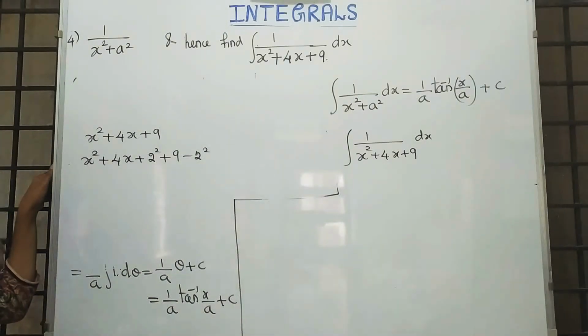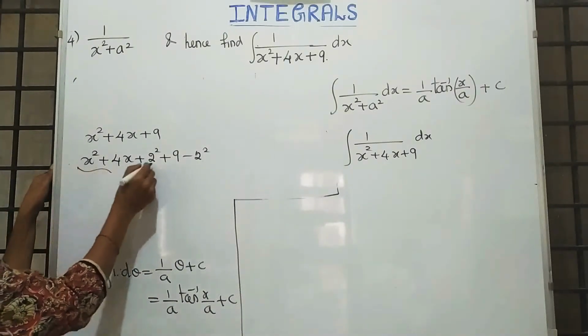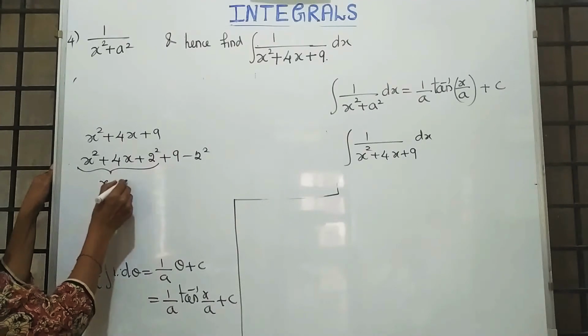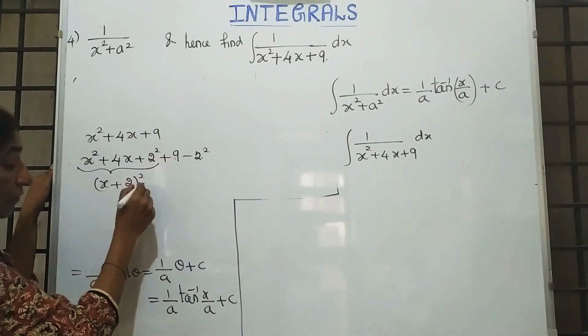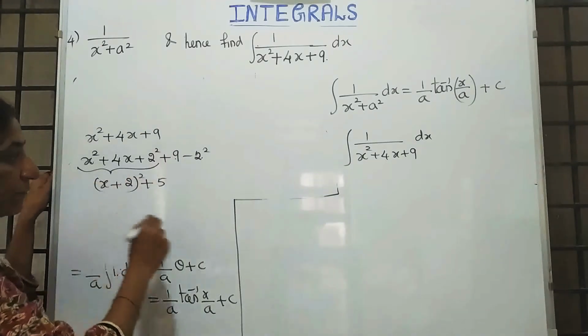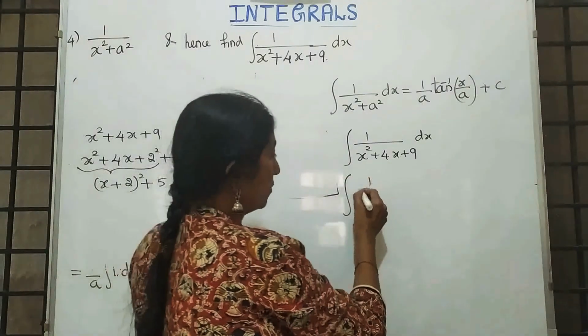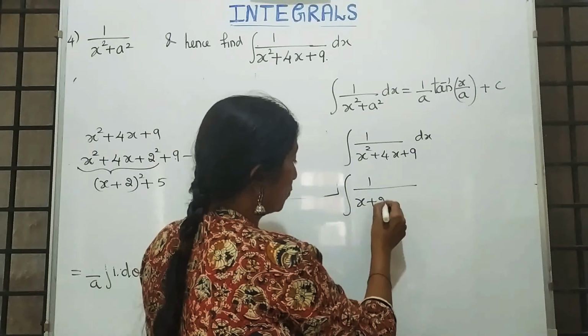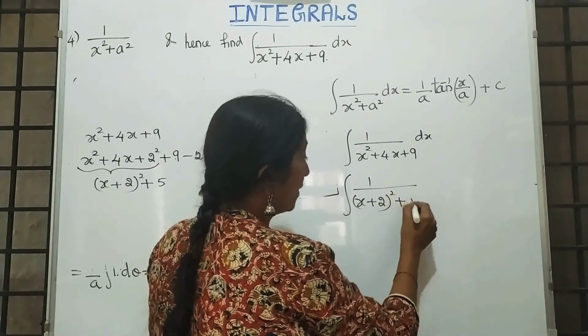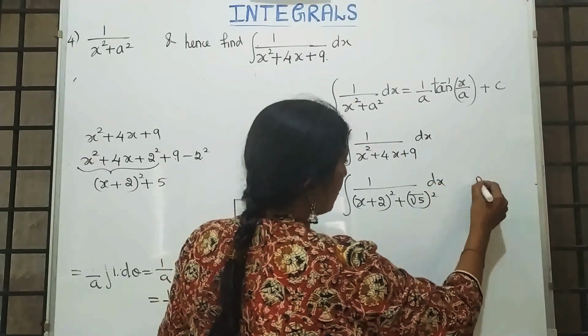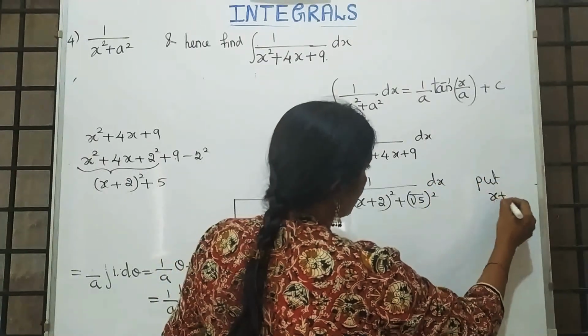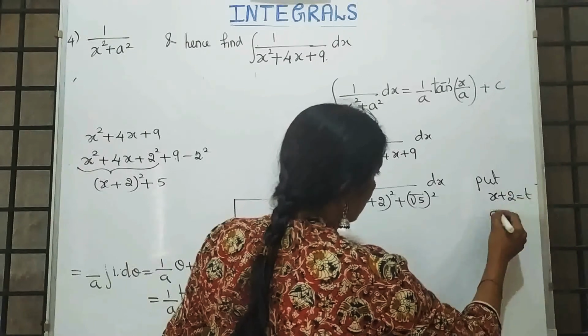Remember, always we have to write a plus first. This is first and the last term, x plus 2 whole square. 9 minus 4 is 5 plus 5. So it is 1 upon x plus 2 whole square plus 5, and 5 is written as root 5 square, into dx. Here put x plus 2 is equal to t.